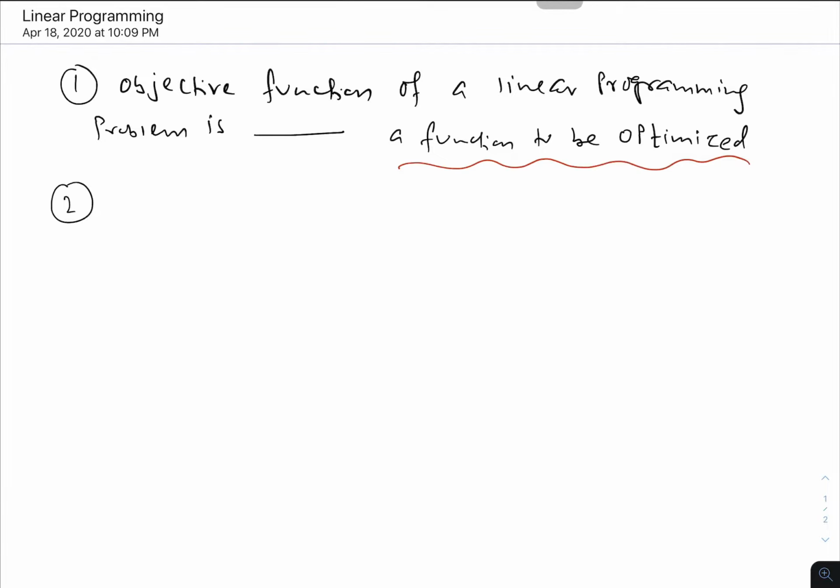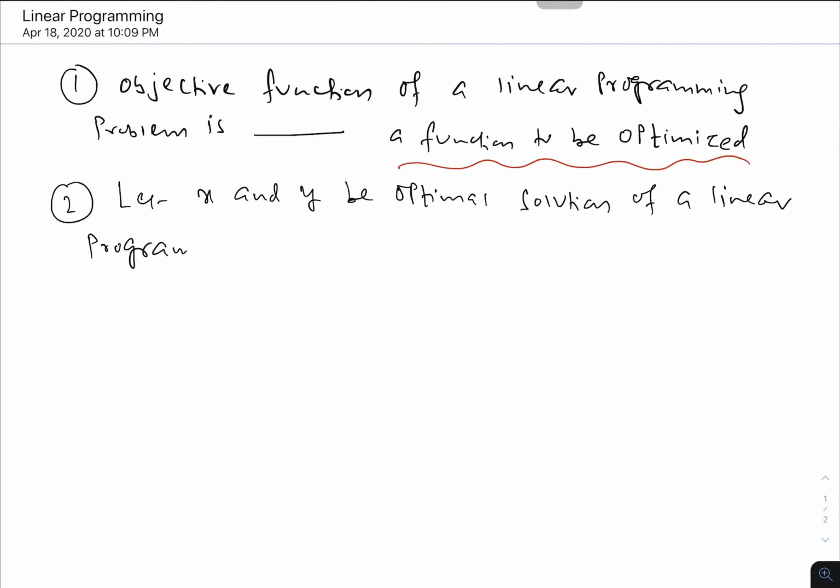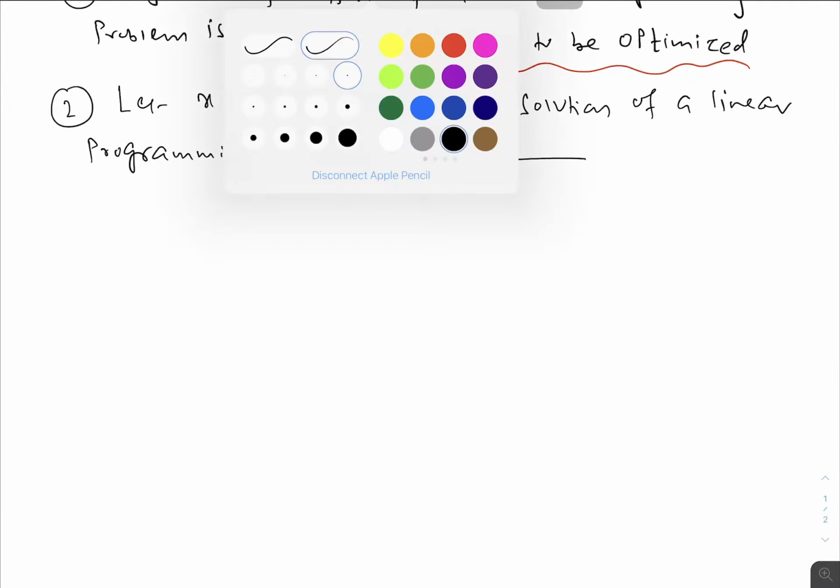Second, let x and y be optimal solutions of a linear programming problem, then so you are having some options here, but there is one concept here.